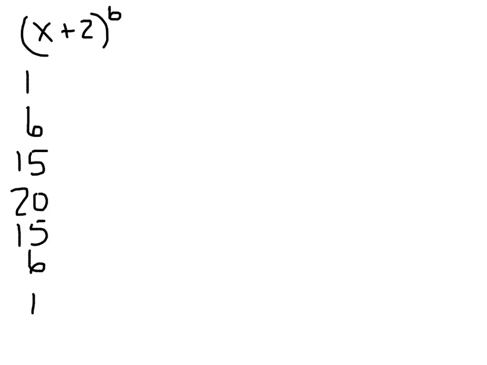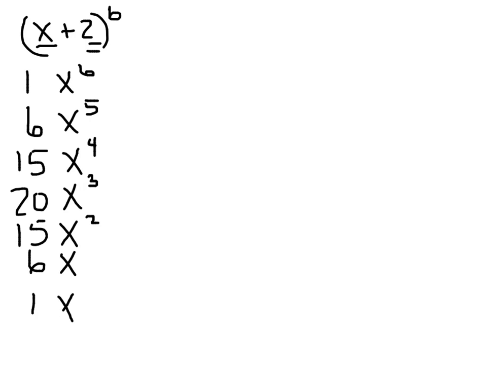When you have a binomial, you have 2 terms, the first term and the second term. I'm going to take the first term and raise it to the 6th power, and then decrease the exponent all the way down until I get 0. All I'm doing is subtracting an exponent every time.